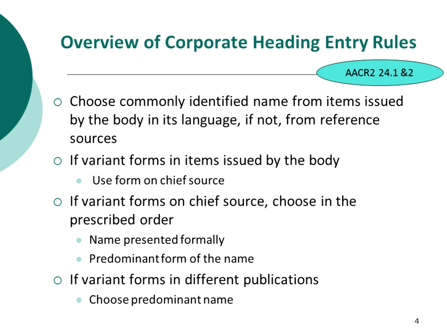I wouldn't say this happens commonly, but if it does, you have different forms of the corporate name on the chief sources of information. Choose the form in this prescribed order. First, name presented formally. If that doesn't apply, choose the predominant form of the name.